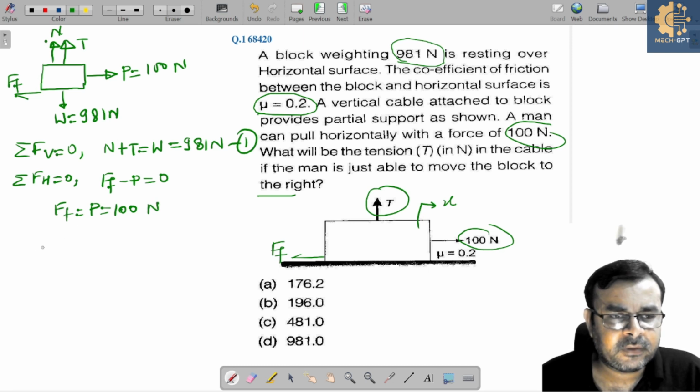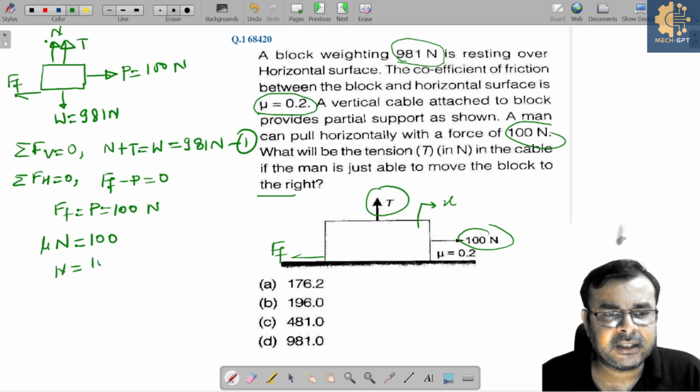And what about FF? Friction force can be written as mu times N, that is normal reaction, is equal to 100. So from this expression we can get N, which is 100 over 0.2, because the coefficient of friction is already given as 0.2. So simply here we get 500 Newton.